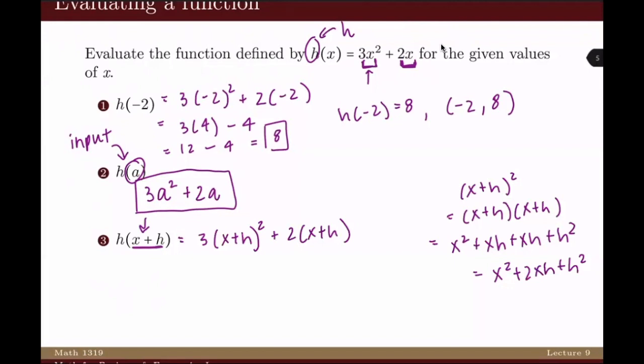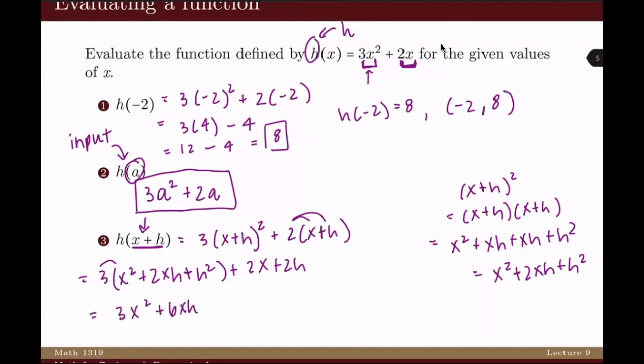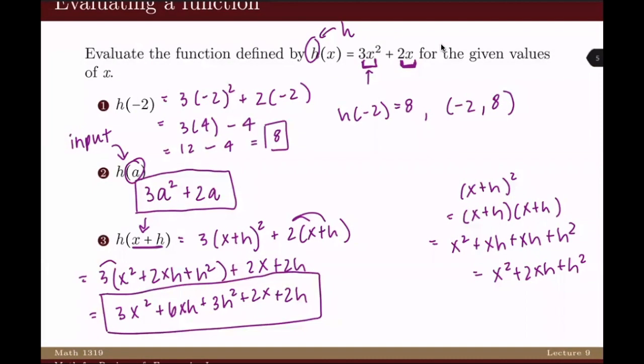So this is going to equal 3 times x squared plus 2xh plus h squared plus, and then we can distribute this 2 to get 2x plus 2h. Lastly, we can distribute this 3. So that's going to be 3x squared plus 6xh plus 3h squared plus 2x plus 2h. And we have no like terms, so we are done.